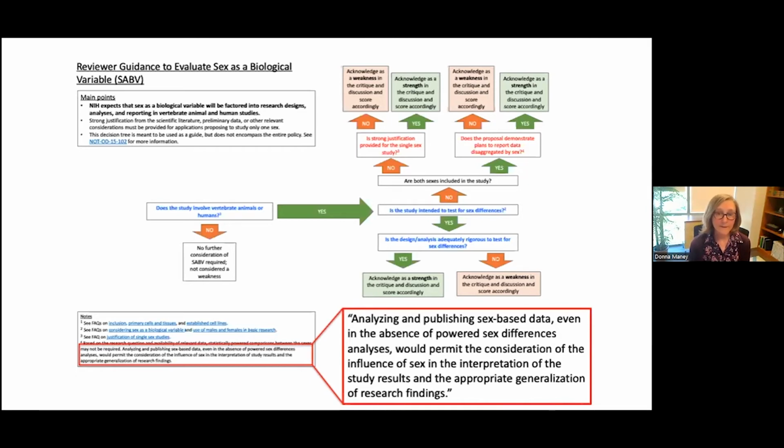And this would permit the consideration of the influence of sex. Now, I think the reason for this recommendation is so that the data can be used by future researchers to do things like meta-analyses, which of course makes a lot of sense. This guidance could also be interpreted to mean that it's okay to test for effects within each sex, which would predispose researchers to make the DINS error.